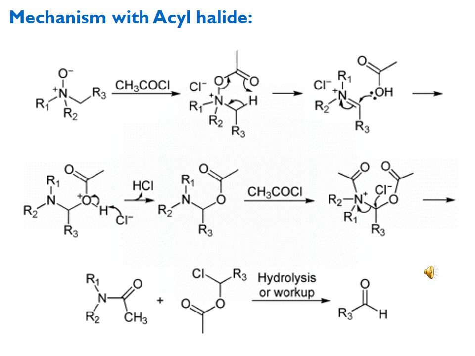Now a second molecule of acetyl chloride comes, and this time the lone pair of nitrogen acts as a nucleophile and attacks the carbonyl carbon of the acetyl group. Now the acetyl group is attached to nitrogen directly, making it positively charged, and this positive charge is counterbalanced by the negative charge.